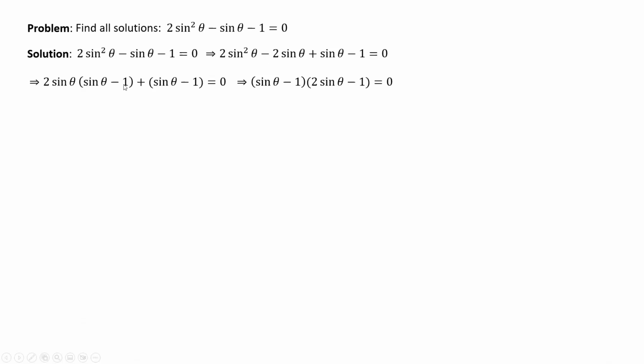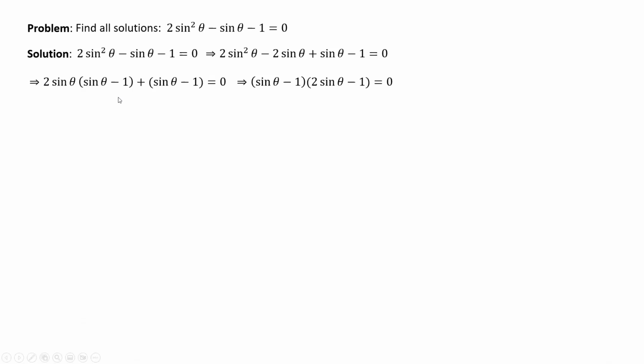Sine theta minus 1. Right? You can check this. Distribute it: 2 sine theta times sine theta minus 1 gives back 2 sine square theta minus 2 sine theta, which is exactly what the first two terms are. I'm just showing you the reverse process to show that this forward process was correct. Now plus, we'll factor out a 1 from the last two terms: 1 times sine theta minus 1.